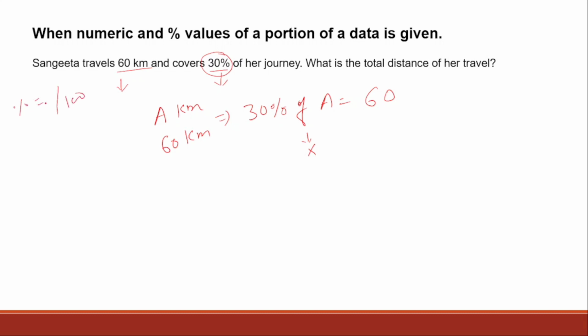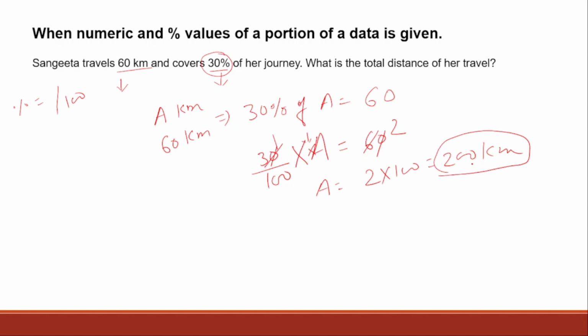So 30% of A means 30 by 100, of means multiplication, A equal to 60. Now if we solve this, this will become 2, this will become 1, and then A will be 2 into 100, that is equal to 200 kilometers.